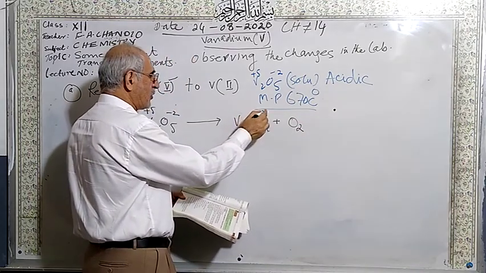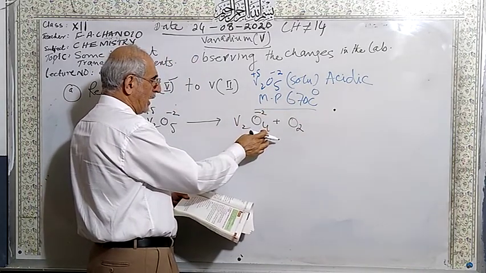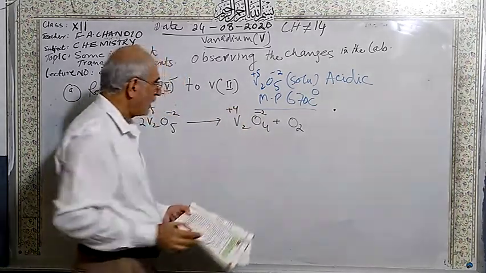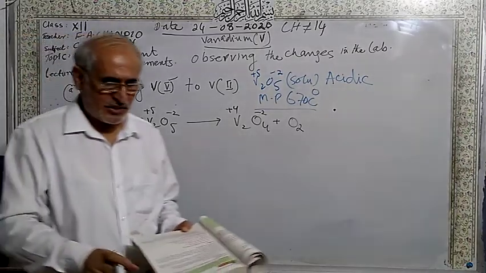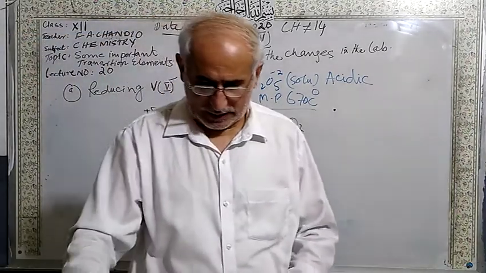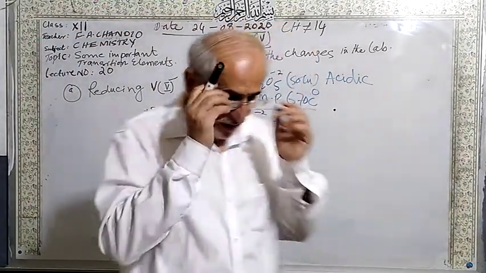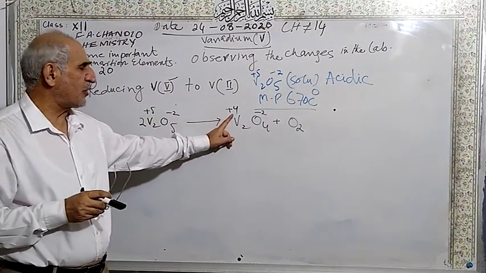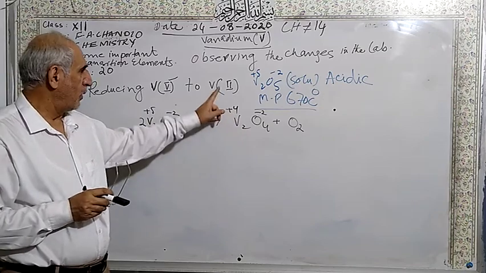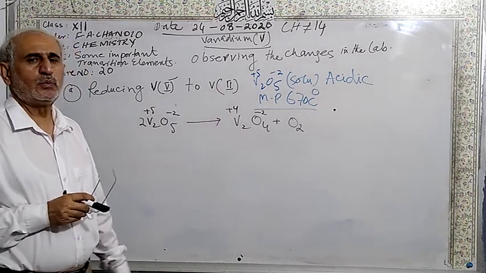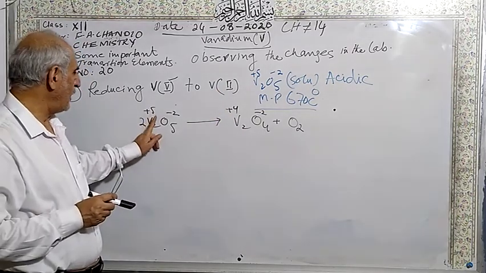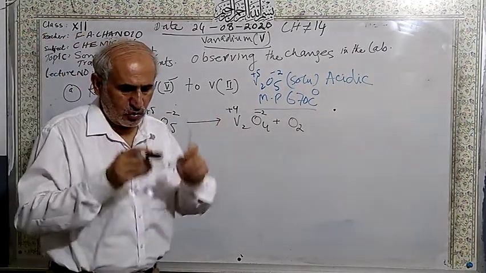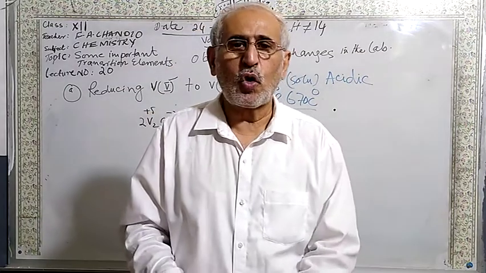So oxygen is -2 multiplied by 4, -8, so this should be +4. Now in the first step you are seeing the vanadium +5 reduces to +4, but we want +2. In step number 1, this vanadium 5 reduces to vanadium 4.